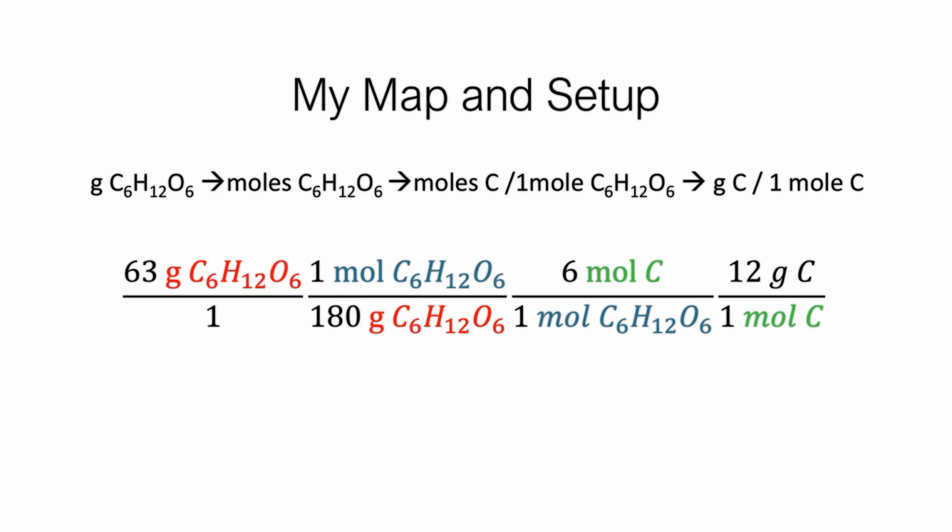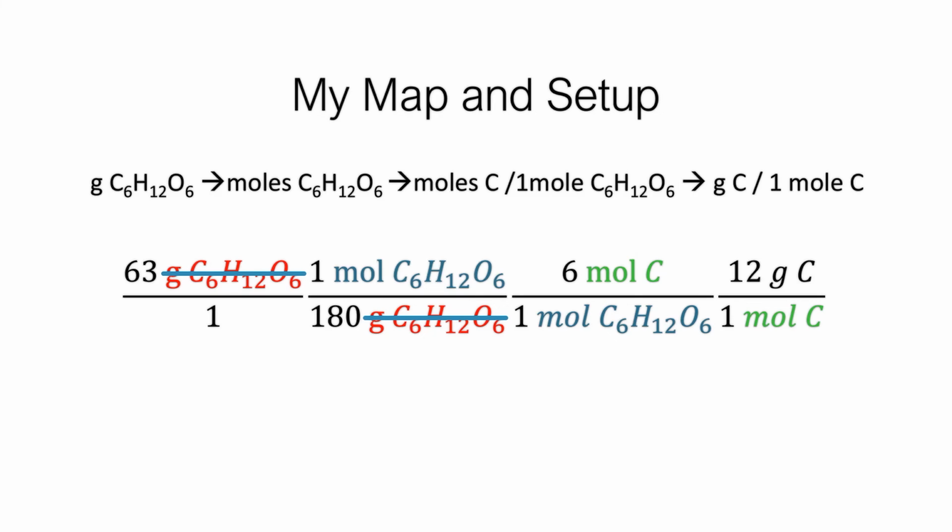My third fraction is my mole ratio. The formula for glucose starts with C6. That tells me there are 6 moles of carbon in 1 mole of glucose. I put 6 moles of carbon over 1 mole of glucose. Finally, I learned from the periodic table that there are 12 grams of carbon in 1 mole of carbon.